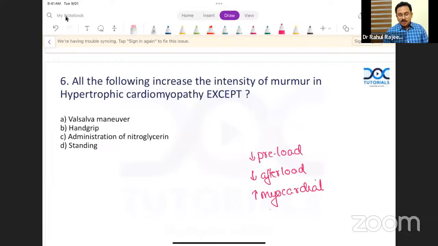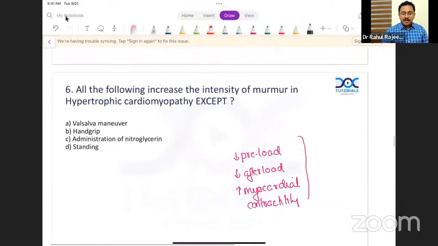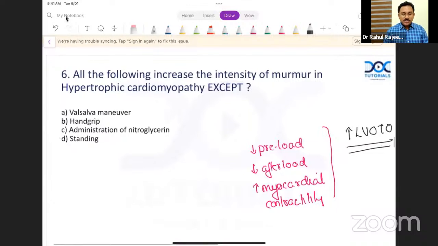So what is common to all these three? All these three factors would increase the left ventricular outflow tract obstruction, and when it increases the obstruction, it also increases the intensity of murmur. If you look at the options, option A, Valsalva maneuver, option C, administration of nitroglycerin, option D, standing.